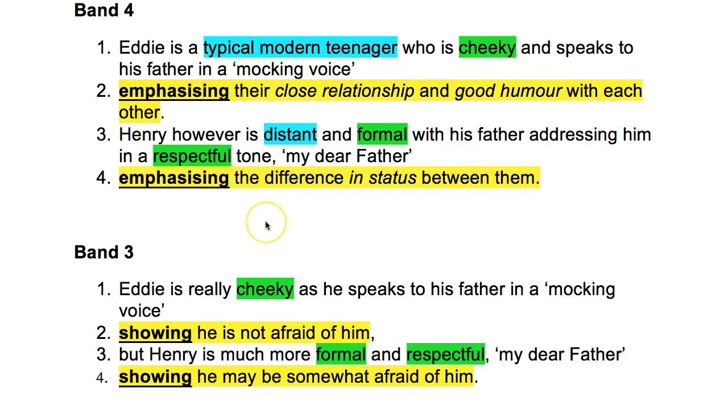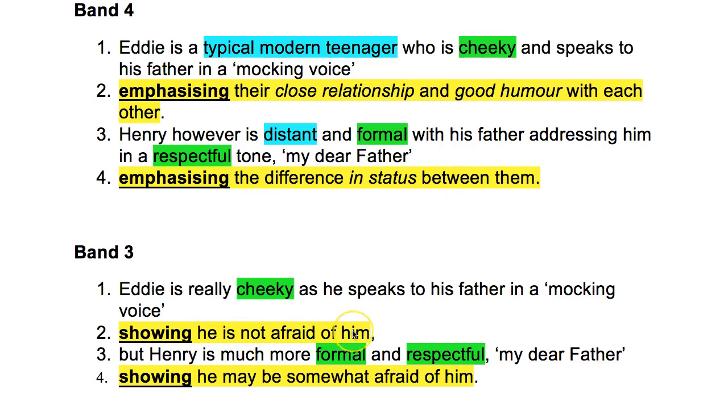Okay, now there are a couple of other differences that distinguish the band 4 answer from the band 3 answer, and I've shown these to you in the italics here. So one simple difference is that you give 2 reasons in your explanation. Here it emphasizes the close relationship and it emphasizes the good humor in their relationship, whereas in the band 3 answer you only have 1 explanation.